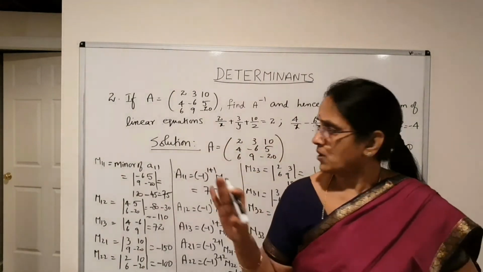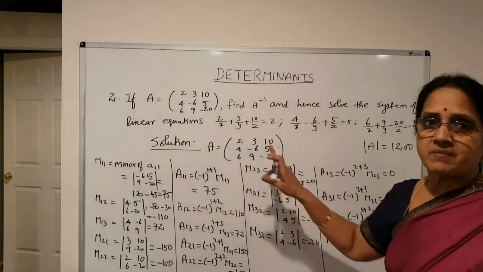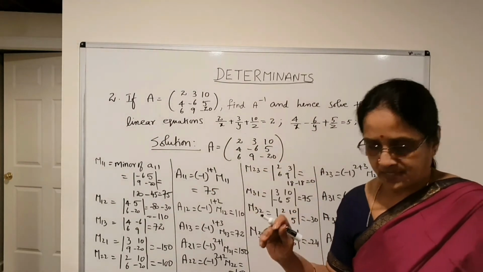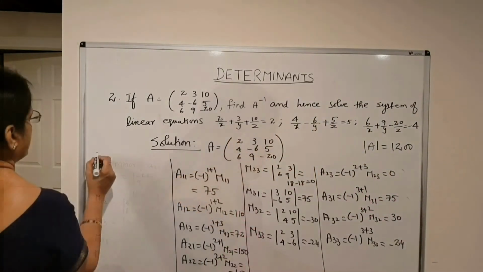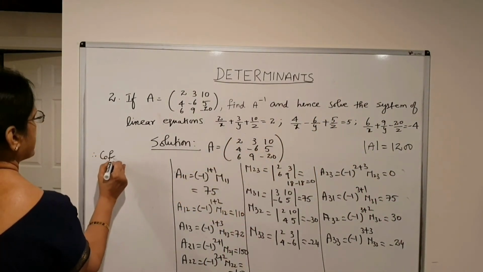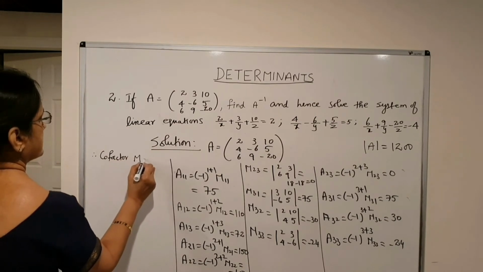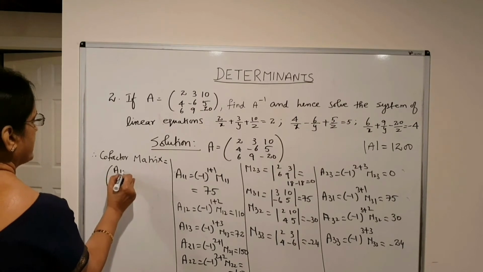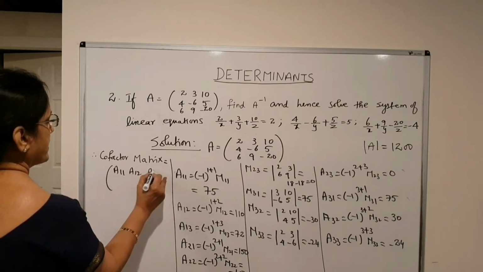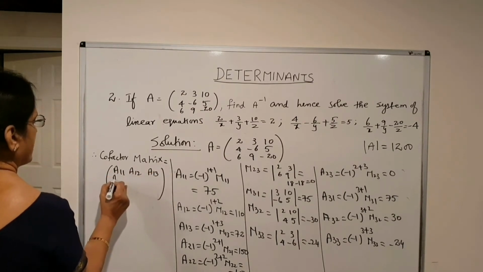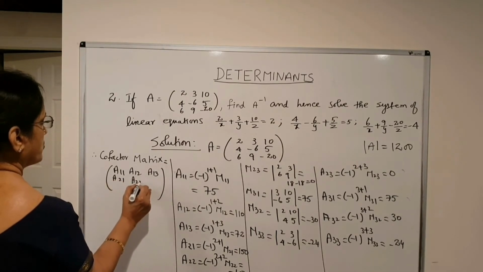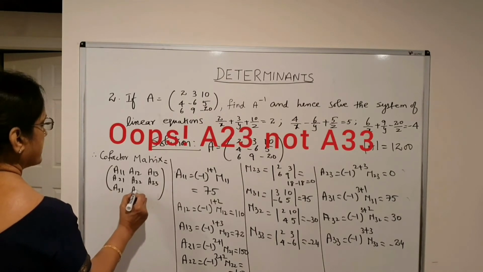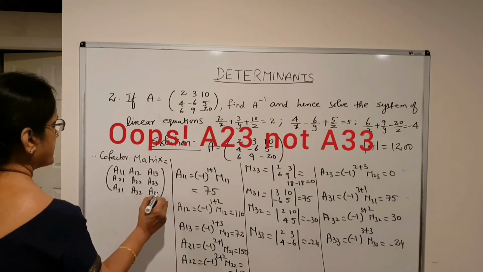Now, I got the cofactors of all the elements of the matrix A. Now, my aim is to write the cofactor matrix. So, let me write that now. Therefore, the cofactor matrix is nothing but A11, A12, A13, A21, A22, A23, A31, A32, A33.